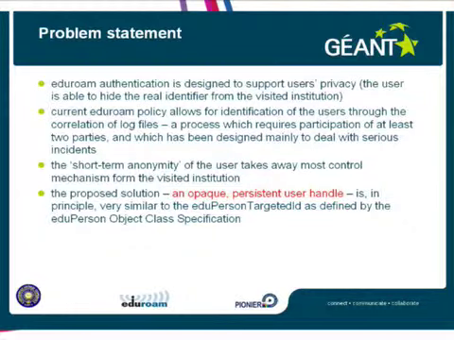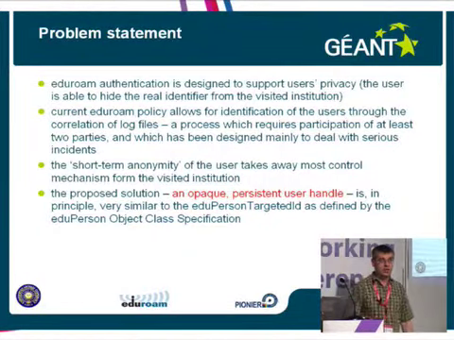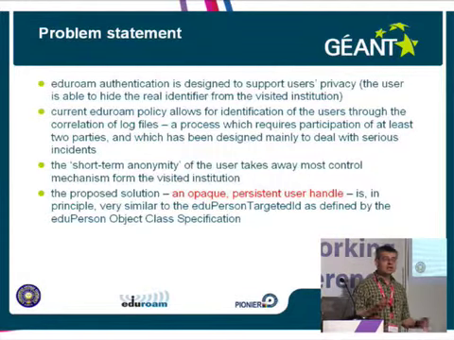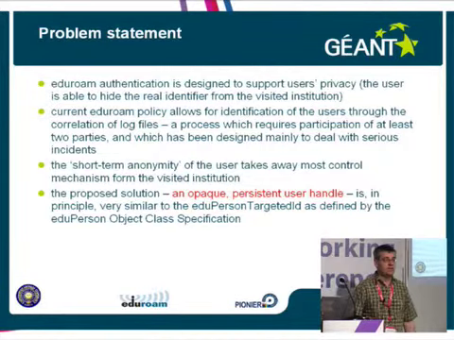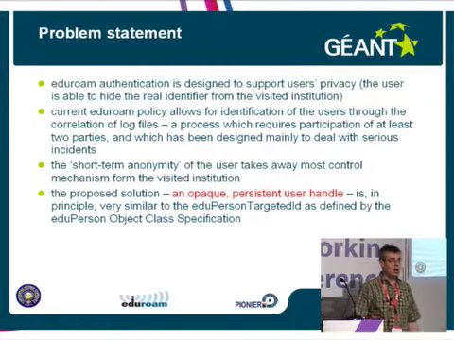So EduRoam authentication has, from the very beginning, been designed in such a way that the users can remain, let's say, hidden from the institution they are visiting. However, if they misbehave, there are means of finding out who they are.